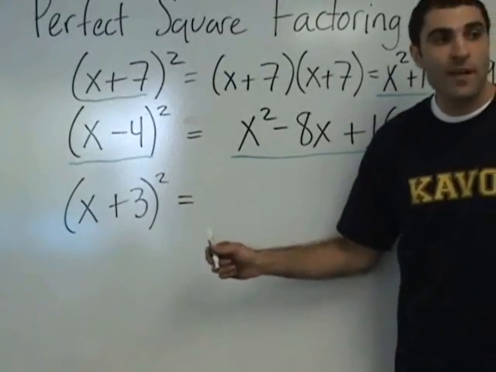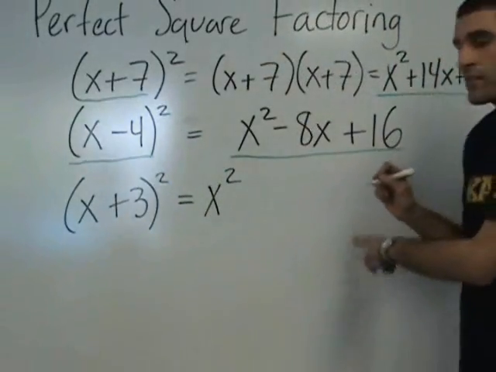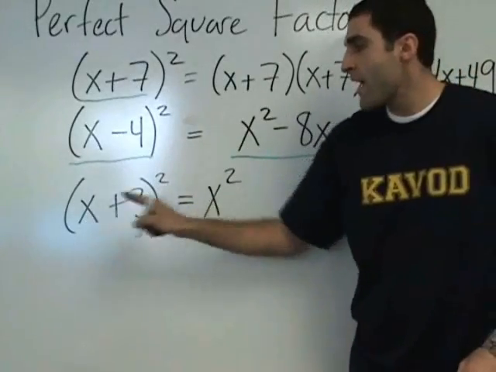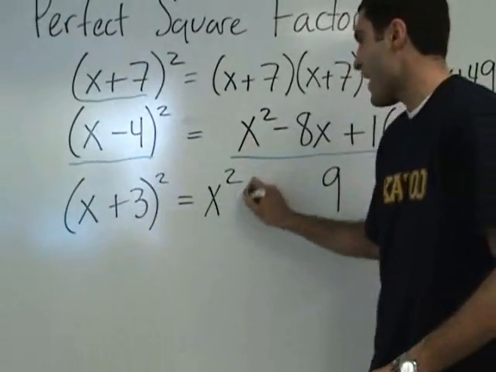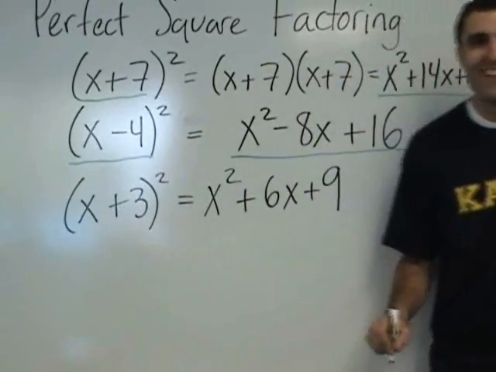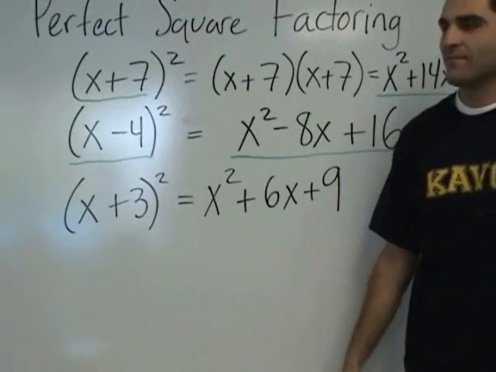First term squared is x squared. Last term squared is 9. Middle: 2 times this times this, 6x. I'm telling you, it's a good feeling when you hear that.